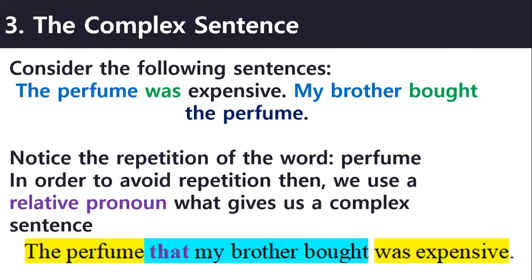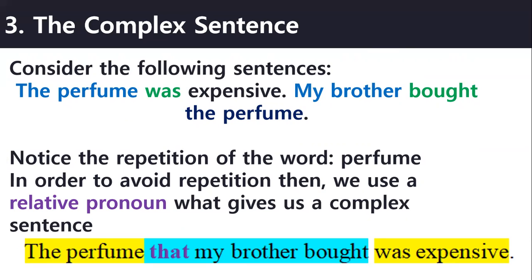Notice that in these sentences, the word perfume is repeated. But even if it is repeated, it plays different roles in each sentence. It is the subject of the first and the object of the second.